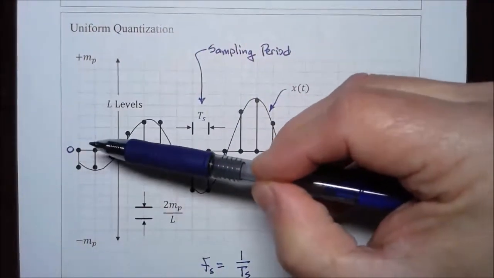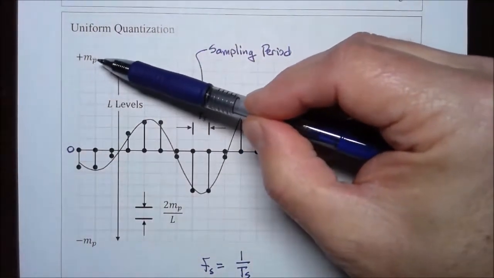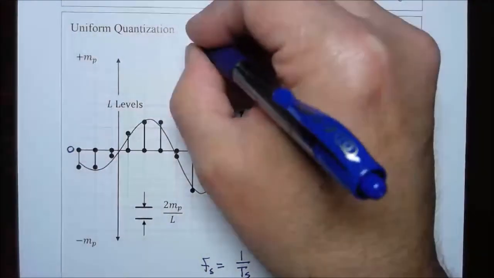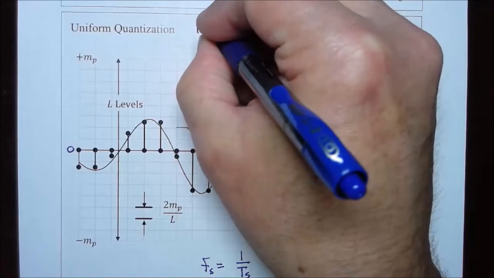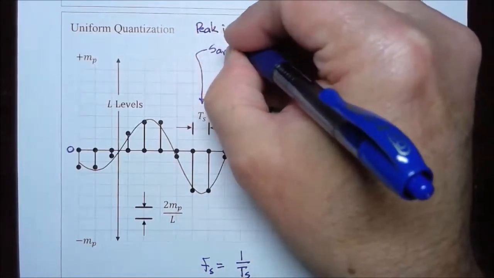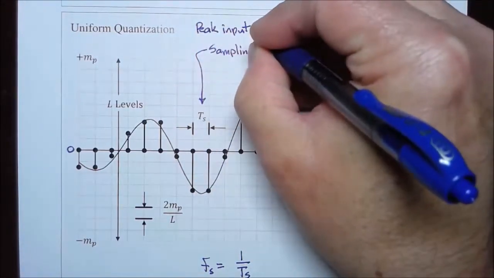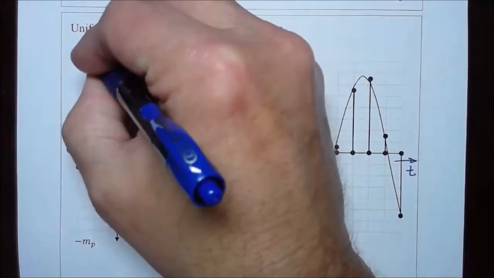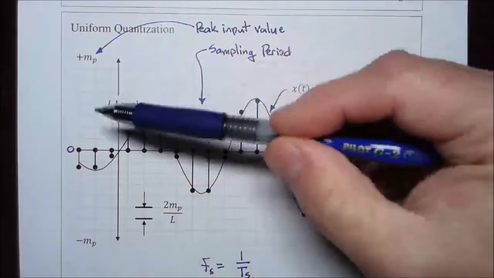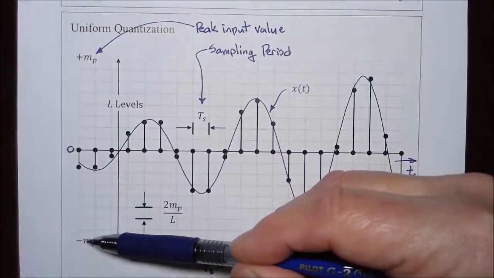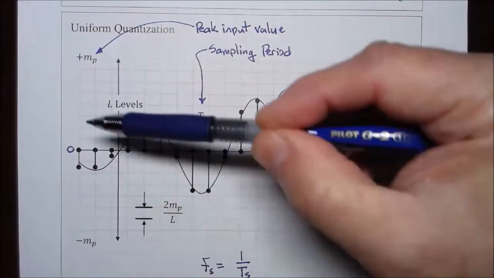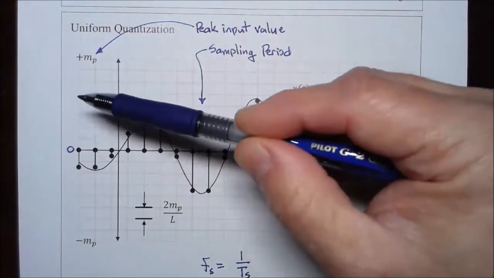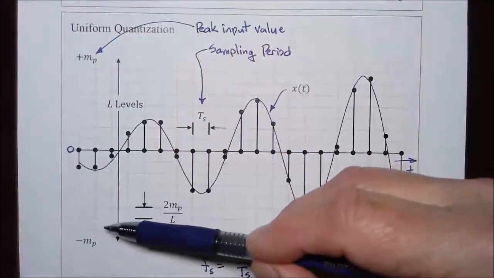The quantizer has a maximum input voltage of plus MP, so this is the peak input value, equal to plus MP, and the quantizer ranges from minus MP up to plus MP, so its overall range is equal to 2 times MP.